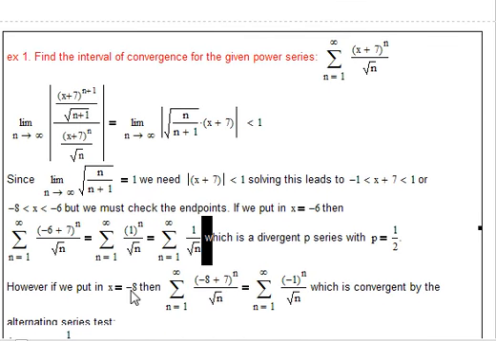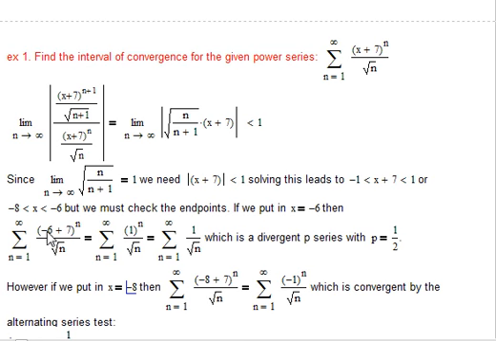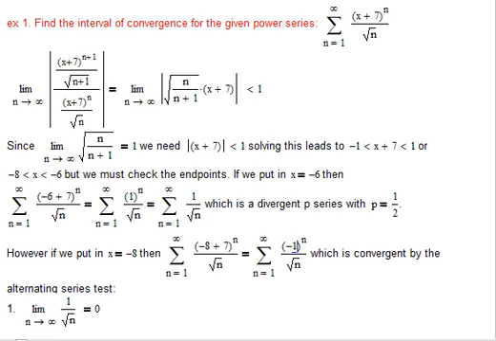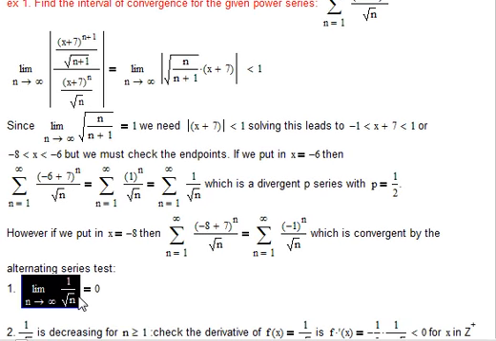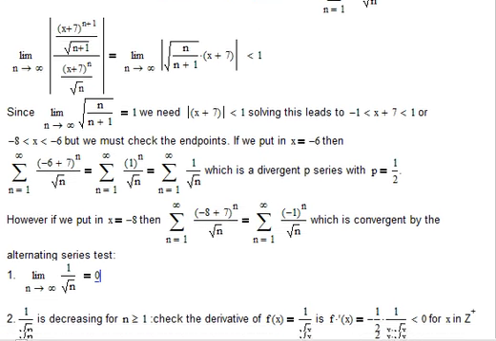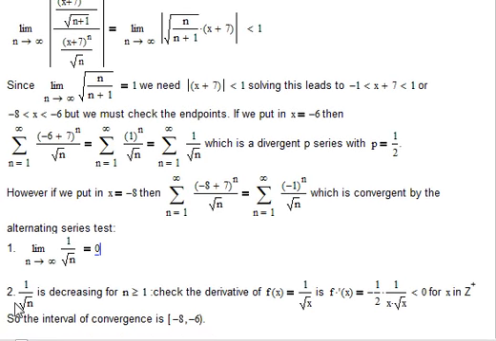But if we put in negative 8, then we got negative 1 in the numerator to the n power, and this is an alternating series. And to verify an alternating series converges, we just need to know that the limit of the nth term is 0, and it is, and also show that this is decreasing for n greater than or equal to 1.